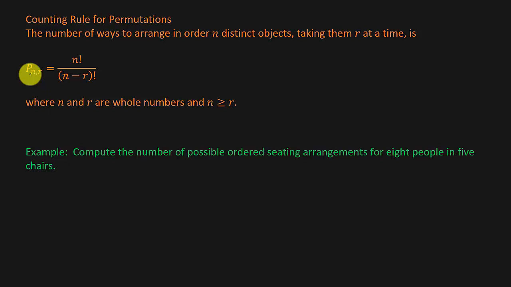Another way you might see the notation for permutations is this, permutation n choose r. I was going to type it here, but I couldn't figure out how to get it to type with the subscript in front of the letter, so I just wrote it down for y'all. But this is another notation you may see.